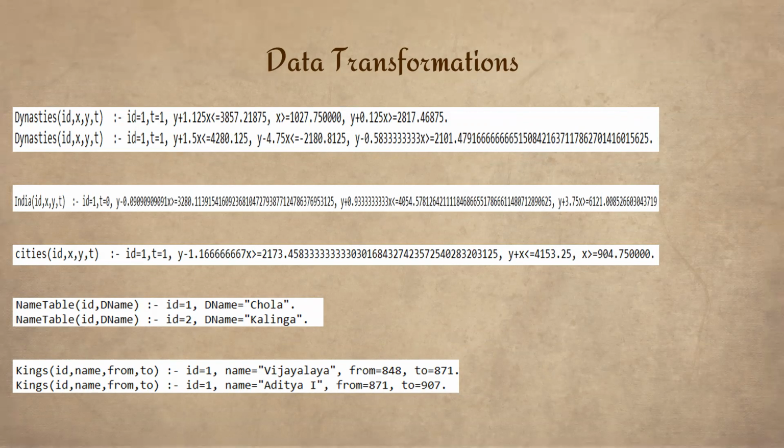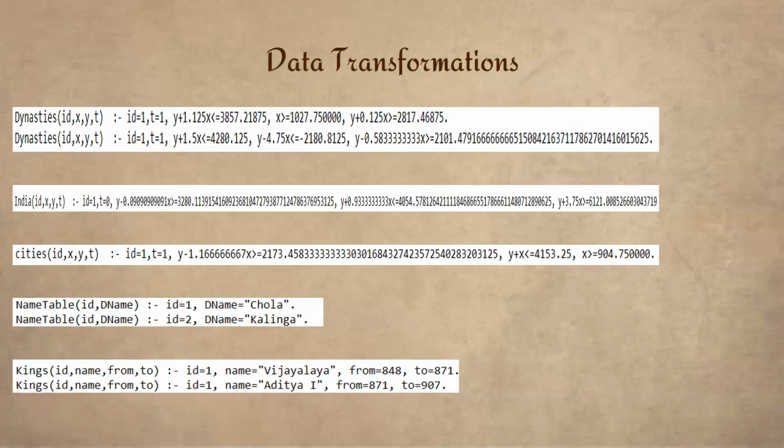It goes the same with the India table, which is going to be represented as a map, and the cities table, where the ID represents different cities, X, Y are the coordinates of the map, and time T is the time. The name table contains ID, which is a foreign key of dynasties and kings, and the dynasty name.